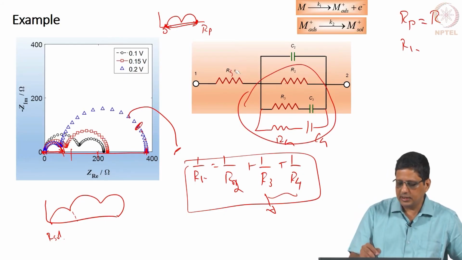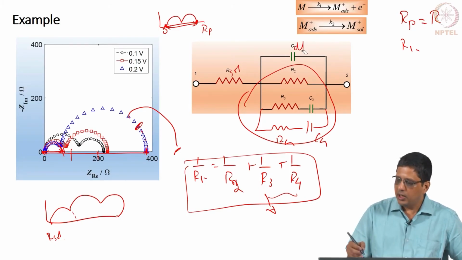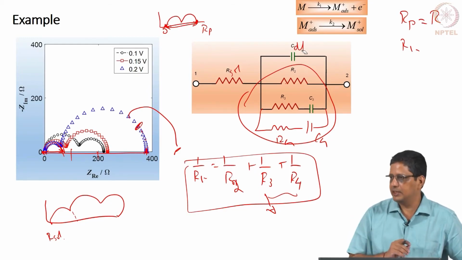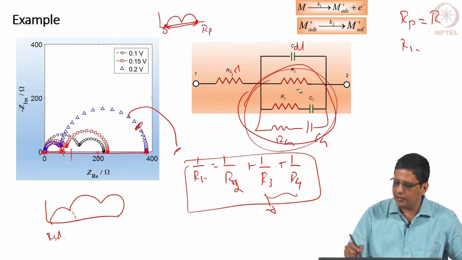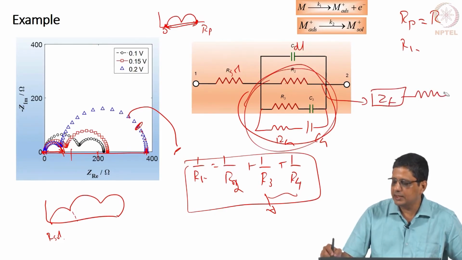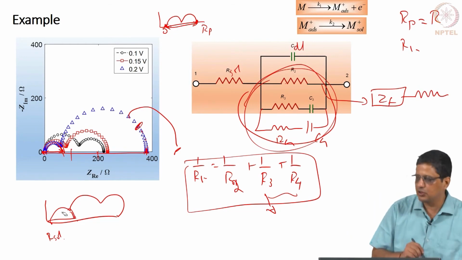This is solution resistance and this is CDL, double layer capacitance. Now, at infinite frequency, we know the process will have only simple resistive behavior. It is not R2 here, it is the sum of all these things at infinite frequency. ZF at infinite frequency should come out as a resistor. When it comes out as a resistor, this is where it is going to behave.